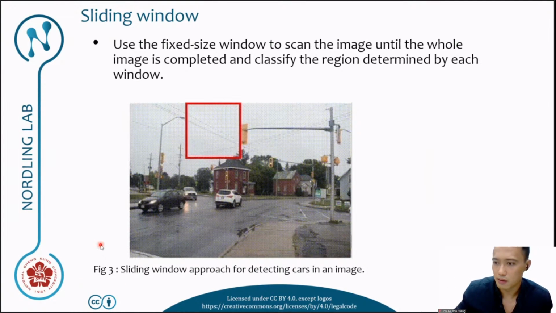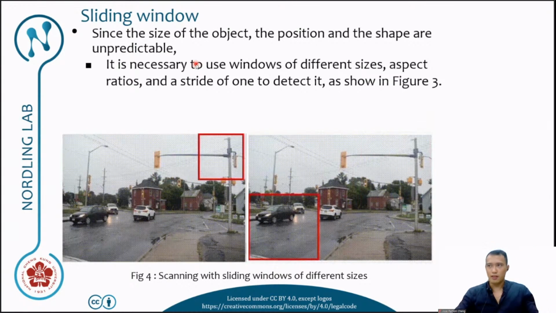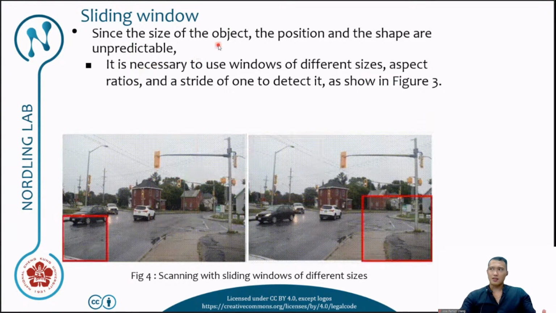Okay, but you can realize that the size of the object, its position, and its shape are unpredictable. Why are they unpredictable? Well, the size of the object can be different based on whether the object is close or far from the camera, right?